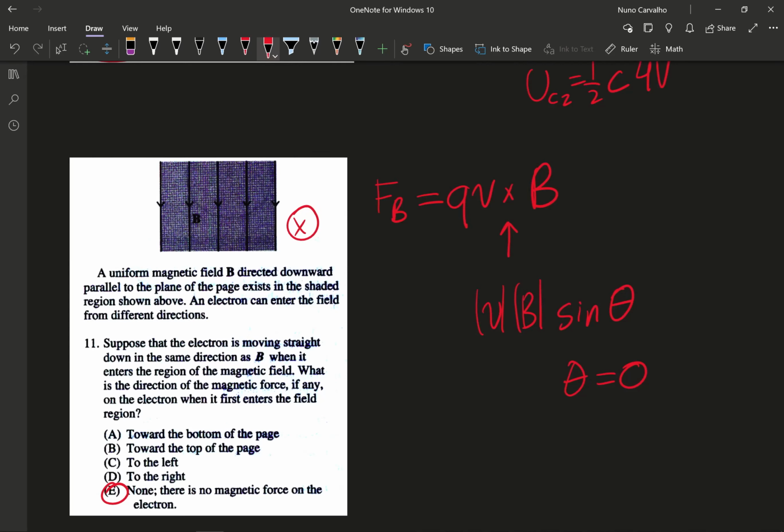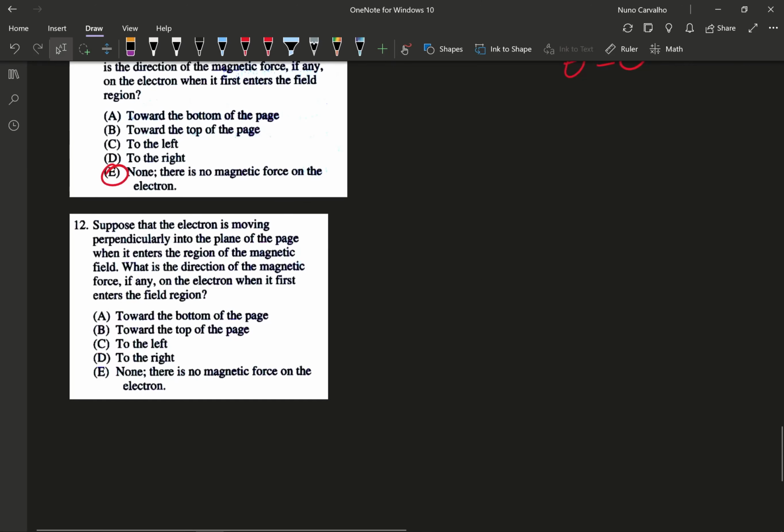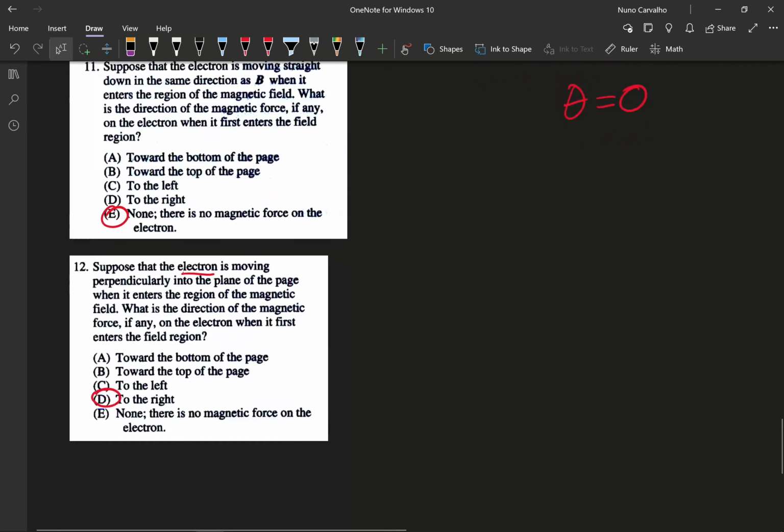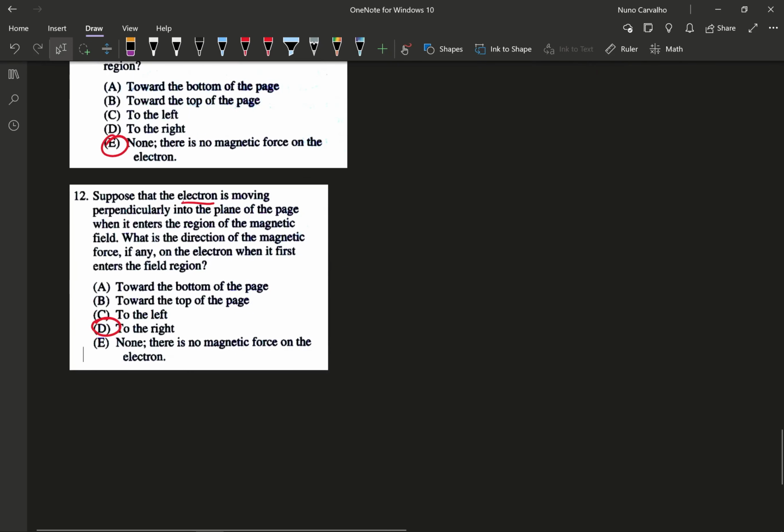It looks like it's going into the page. If we use the right-hand rule, what you'll see is that your fingers will point to the left, but keep in mind this is an electron, which means it will feel a force that's opposite of the right-hand rule direction that you came up with. It's going to be the opposite of that, and so the correct answer is actually to the right.